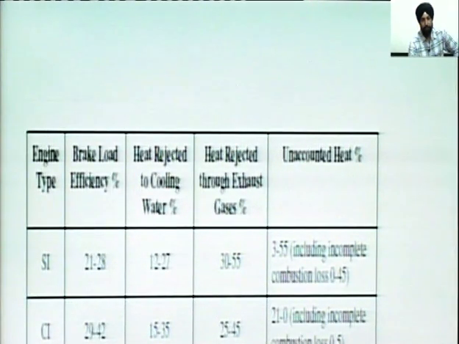It can be observed from this table that the heat carried away by the exhaust gases is more in the case of SI engines as compared to CI engines. That's why CI engines are more efficient as compared to SI engines. The last, unaccounted loss, is 0 to 2%, including incomplete combustion loss of 0 to 0.5%.